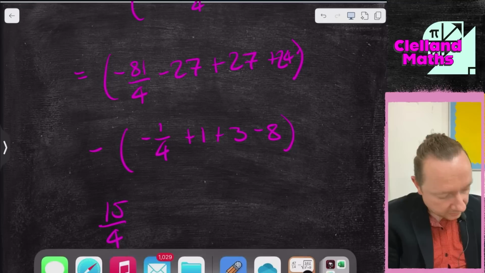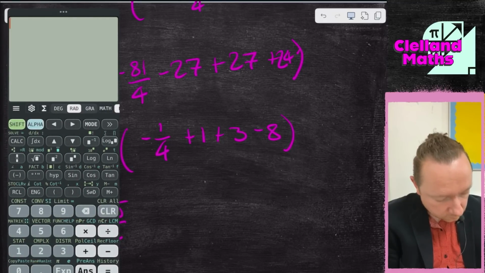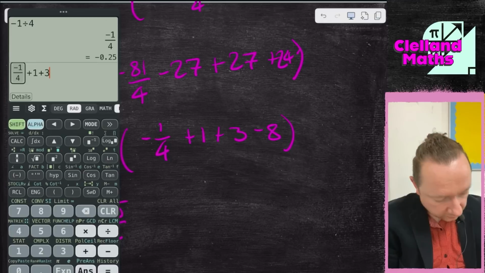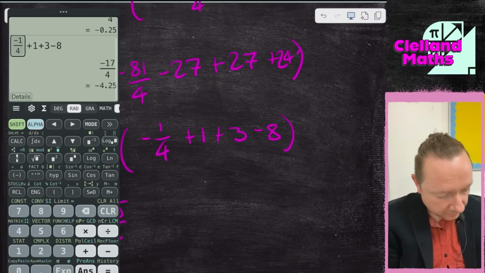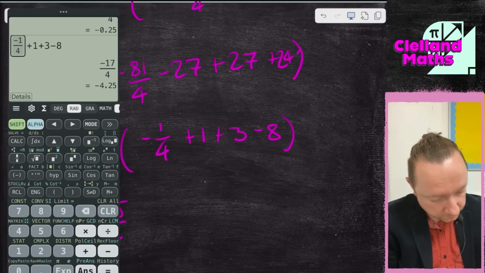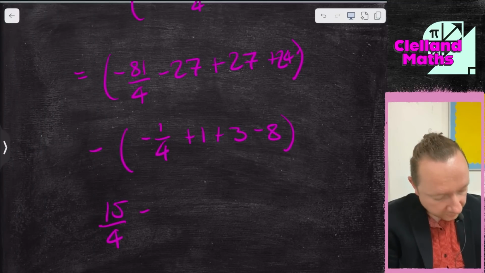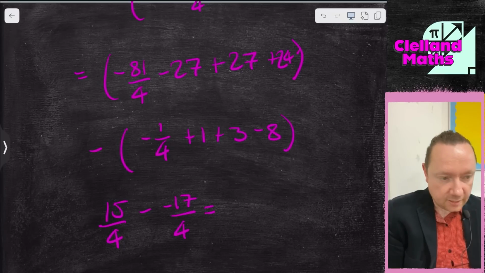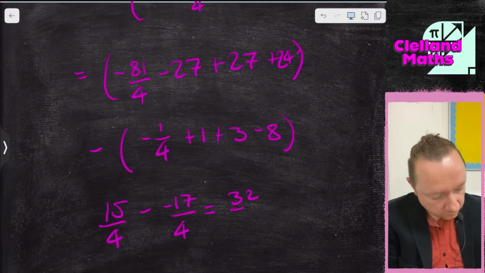And then for the second bracket, minus 1 over 4 plus 1 plus 3 minus 8 is minus 17 over 4. So we've got minus 17 over 4. 17 and 15 is 32 over 4. So happy enough, that's 8.